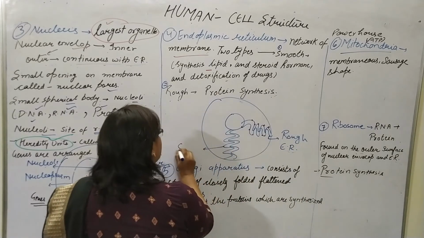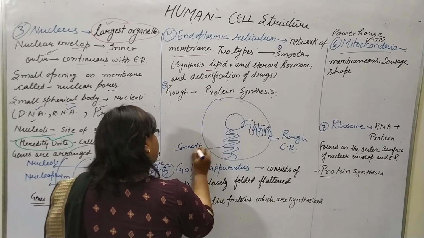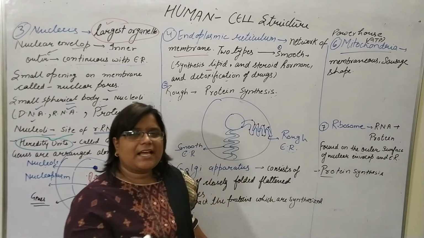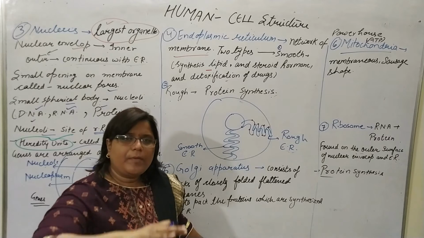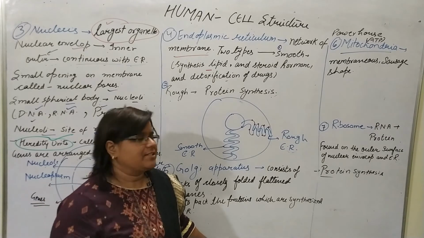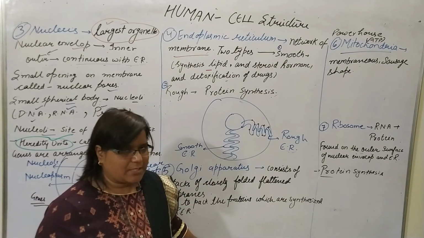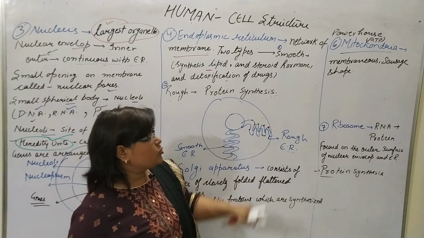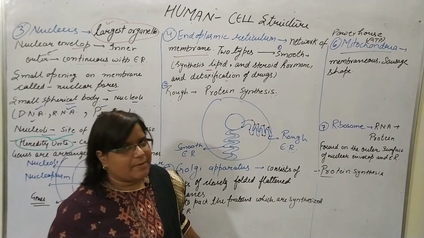And this is the smooth endoplasmic reticulum. Smooth means that when we observe the cell under a microscope, the surface looks smooth, which is why it is named smooth endoplasmic reticulum. If it has a rough surface because of ribosomes, it is known as rough endoplasmic reticulum.